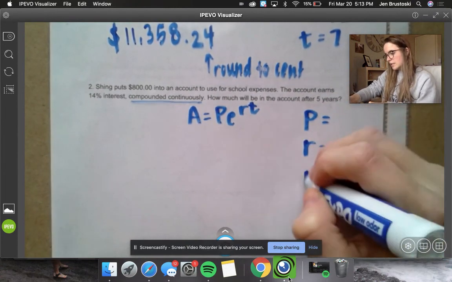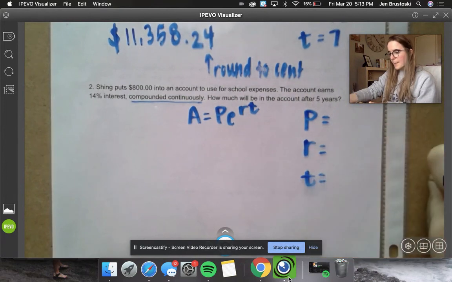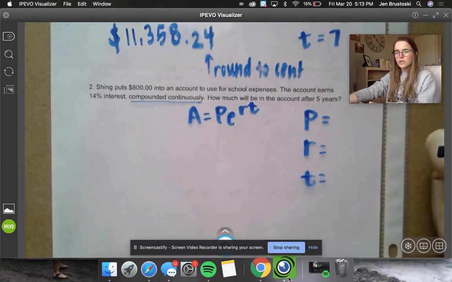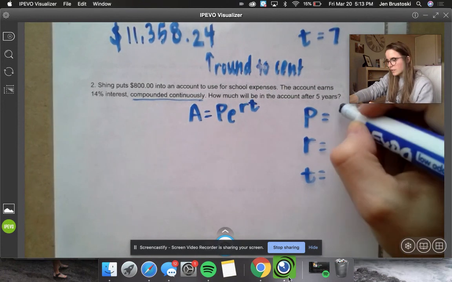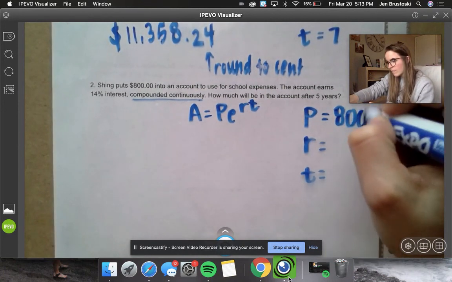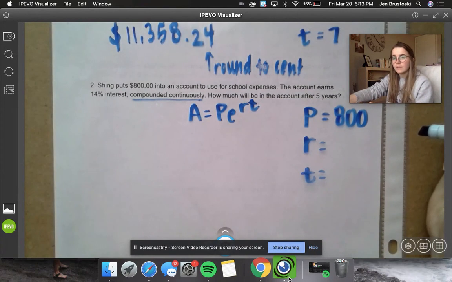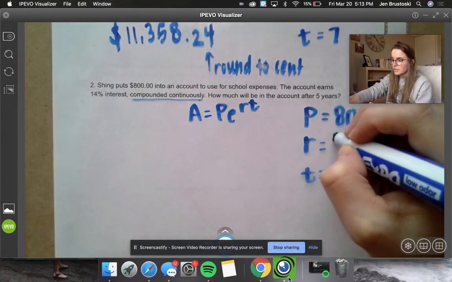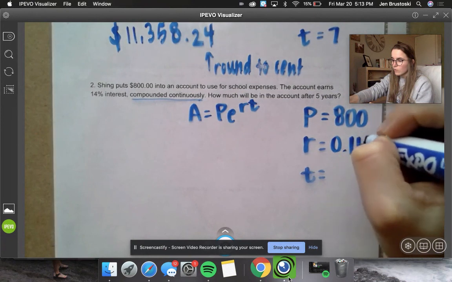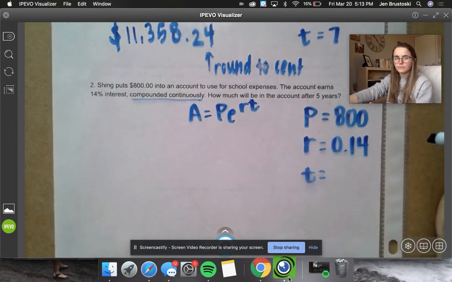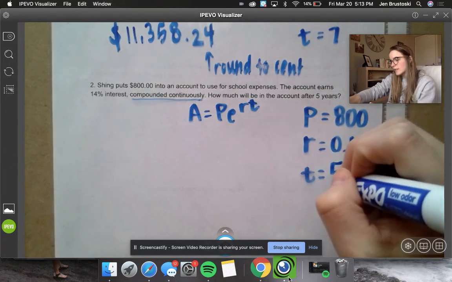R and T. P, our principal amount. So Shing puts $800 into the account. It earns 14% interest, so that means it earns 0.14 as a decimal. And we want to know after 5 years how much it's worth.